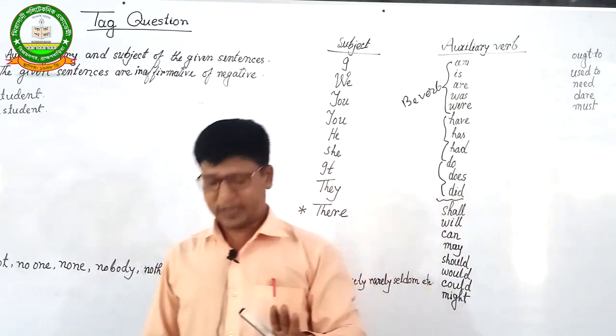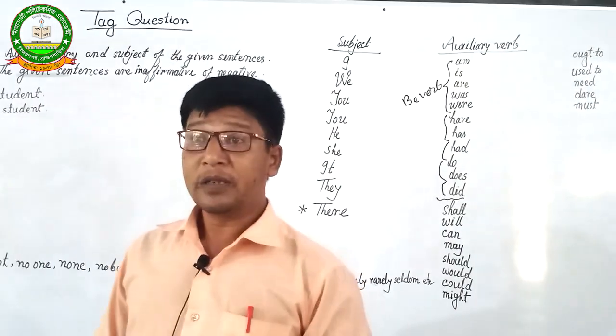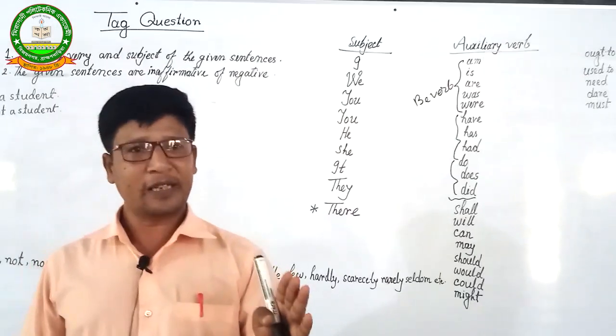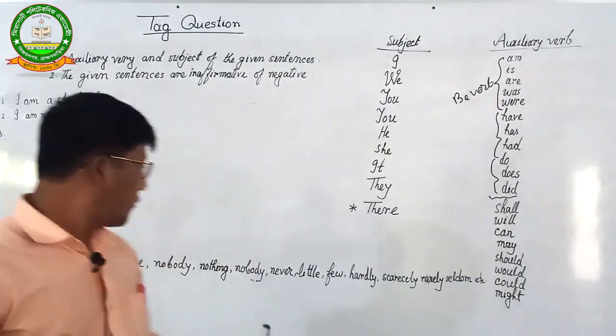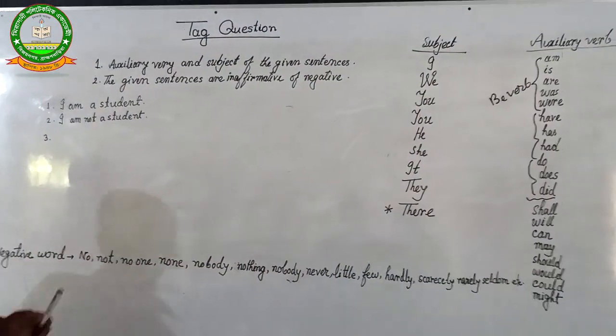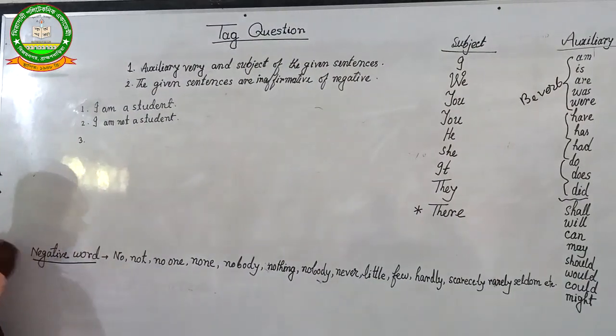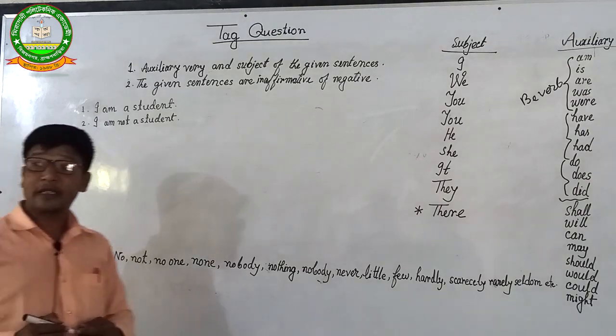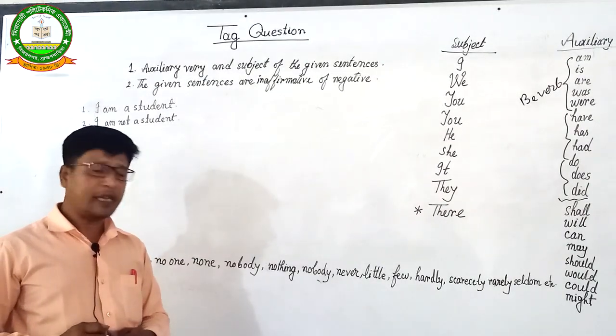There are some words which are very important to remember to find out whether a sentence is negative or affirmative. Here I have written some words. If you remember these, you will be able to identify the sentence as affirmative or negative.